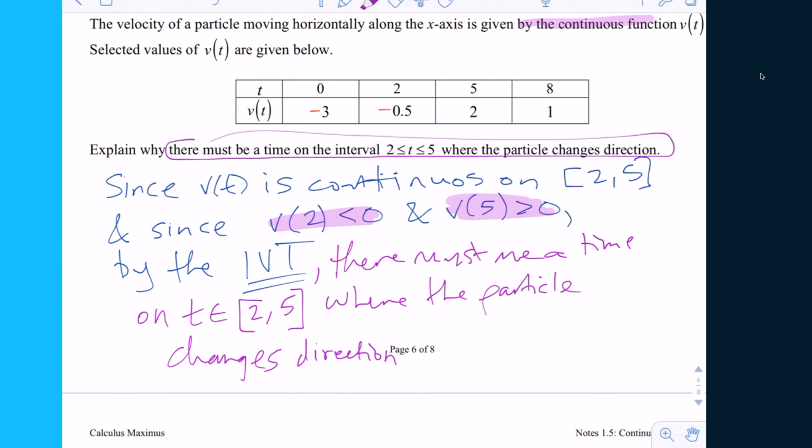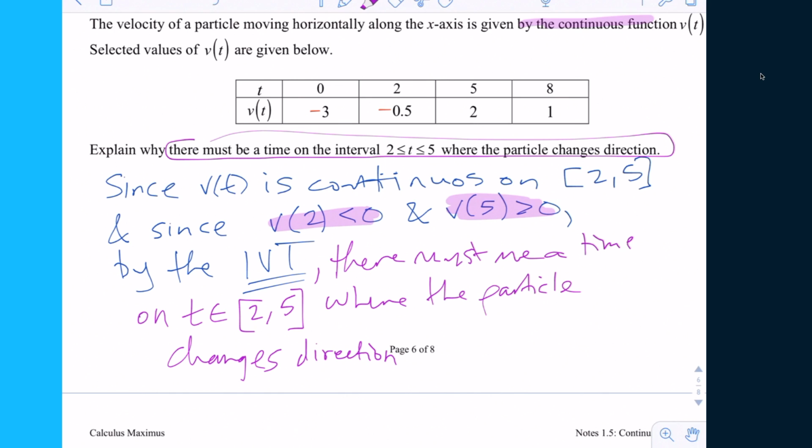Now this one's a little bit different because it didn't specifically ask us to prove that the velocity had to have been 1 at some point in between there, which it does, right? There had to be a time between 2 and 5 where the particle's velocity was 1, because 1 falls between these two values. This one is a little bit more broad and vague: show that it changes direction.